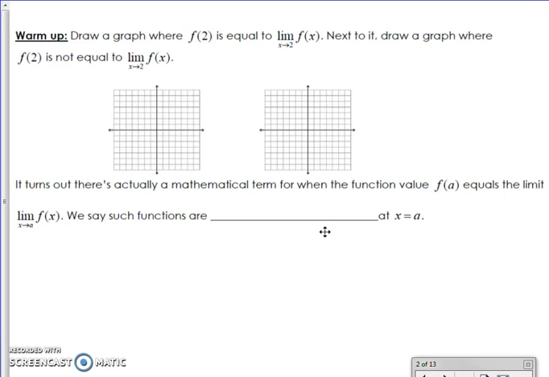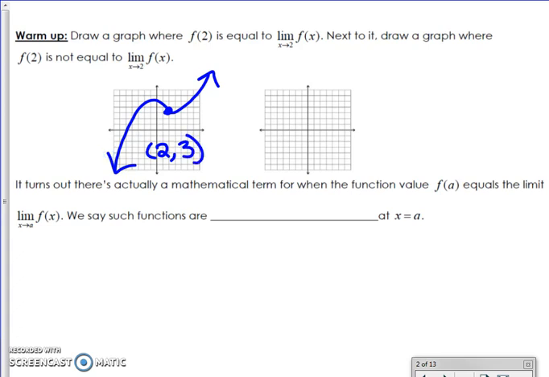Okay? So on this first graph, maybe I've got a function that's not going to be beautiful, but let's see, maybe it goes like that. Here I have the point at 2, 3, it looks like.